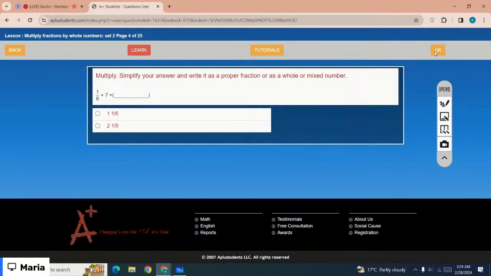Which option is the correct one? Yes, that is option number 1. 1 whole 1 over 6 is the correct option.